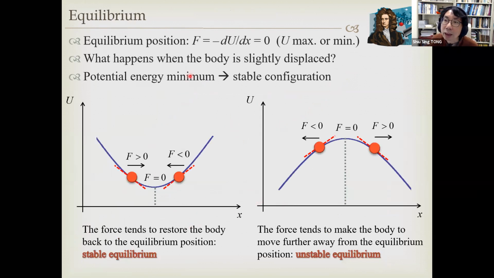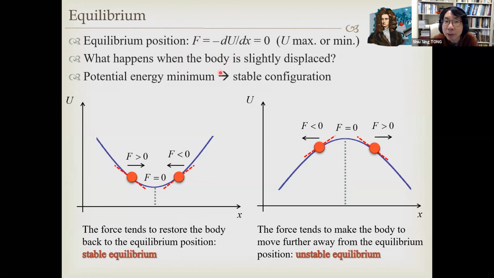Now we discuss the equilibrium position. What is an equilibrium? If a body is acted on by an external force, like a conservative force, then the point at which the conservative force vanishes, when the conservative force is 0, is called an equilibrium position.